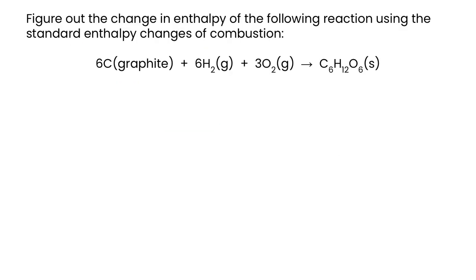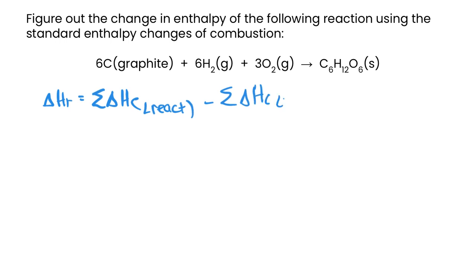So we want to figure out the enthalpy change for the following reaction using standard enthalpy changes of combustion. Let's set up our equation first. Our enthalpy change of reaction is going to be the sum of all the enthalpy changes of combustion of our reactants minus the sum of all the enthalpy changes of combustion of our products.